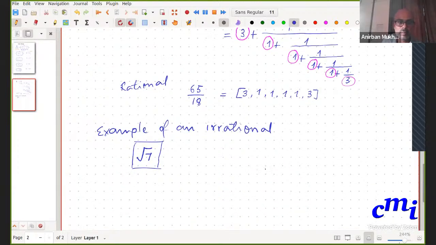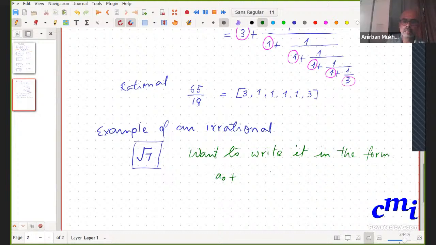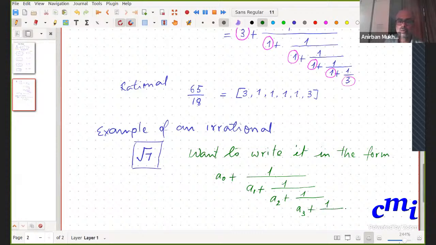So we want to write it in the form, say A naught plus 1 by A1 plus 1 by A2 plus 1 by A3 plus, so numerators are always going to be 1.